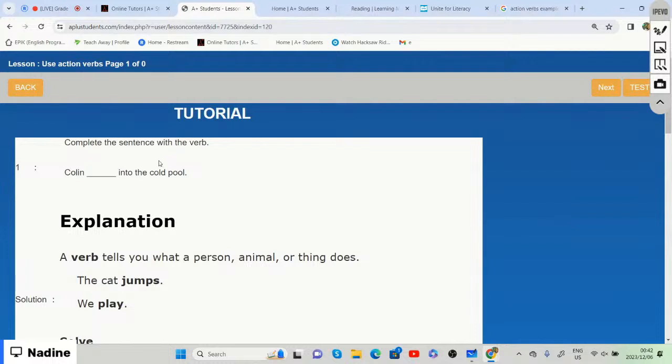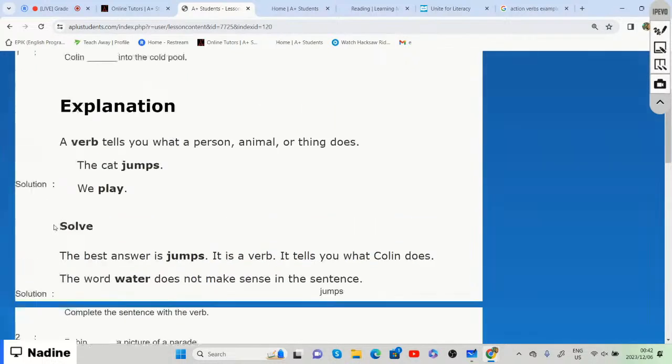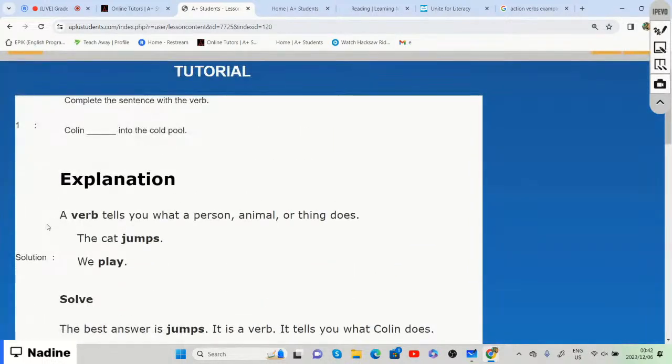So Colin into the pool, into the cold pool. So what did Colin do? All right.